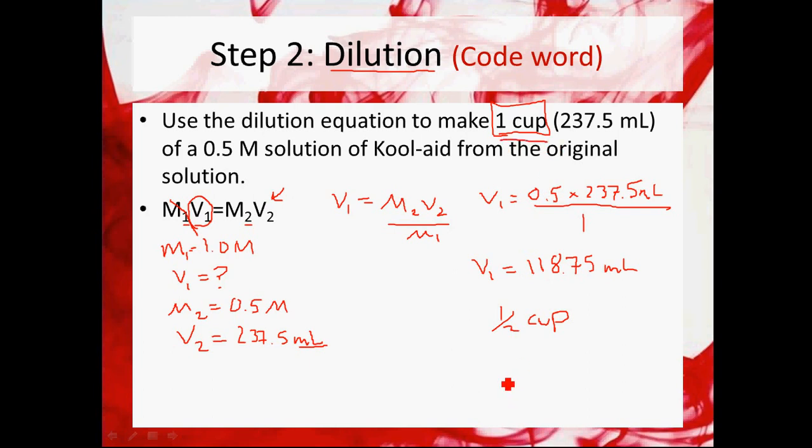So basically we're cutting the concentration in half, which means that all we're doing is adding half a cup of the original solution and half a cup of water. That's all that means. Okay, so 1 cup of the 1 molar solution, add that to a half a cup of water, and you have your second solution. Second solution is going to have a molarity of 0.5 molar.